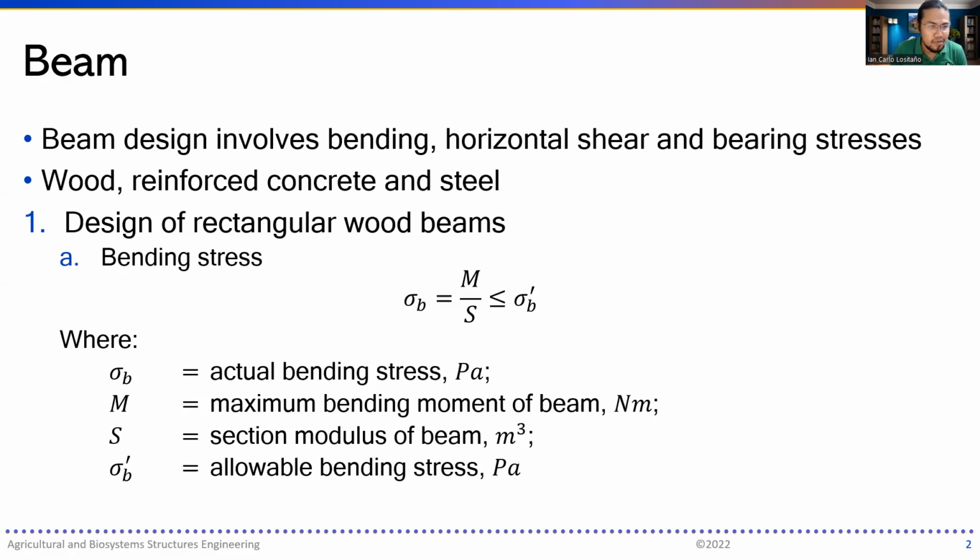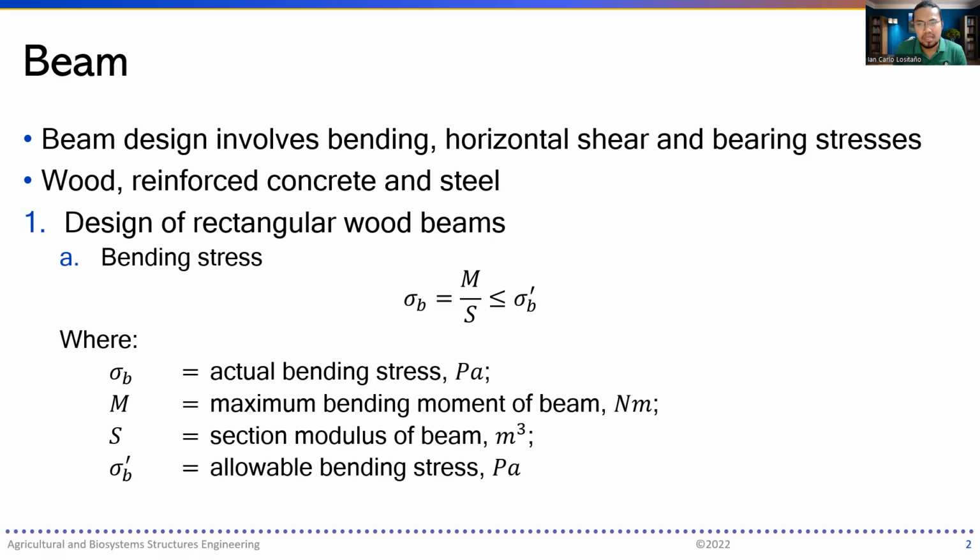So you have here the first one, bending, and it simply is computed using what? The maximum M, the moment, which is again determined using the bending moment diagram, and it's divided by the S, which is the section modulus of the beam in m cubed. Very direct.